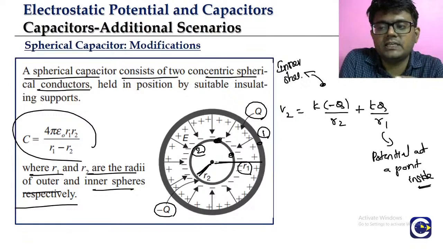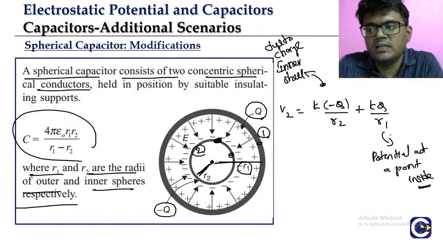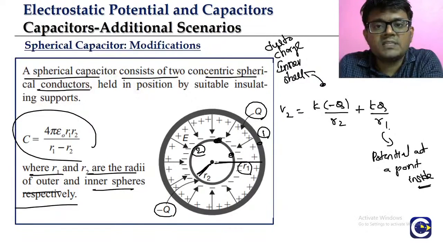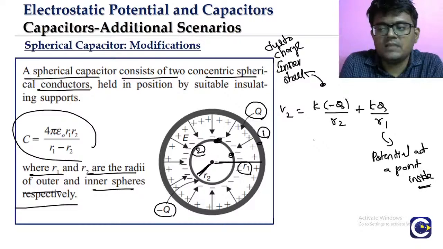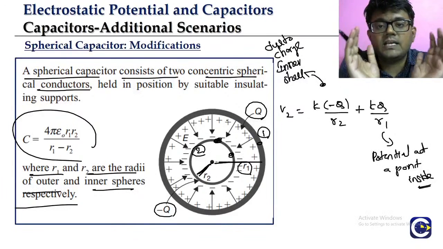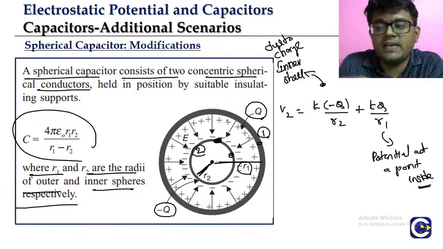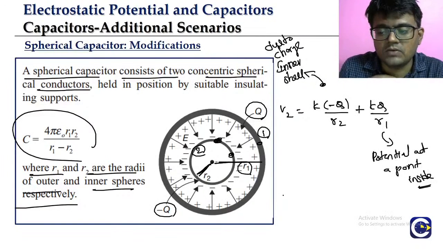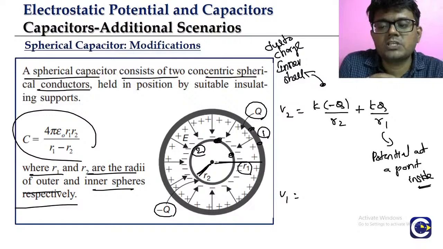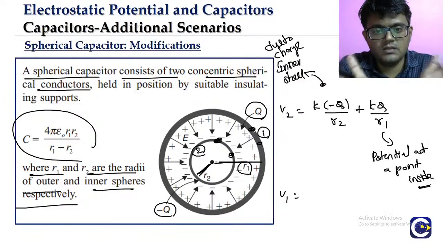This is the potential due to the charge on the inner shell, and this is the potential due to the outer shell's charge. The formula applies to a point inside the shell, because remember, for a shell the potential on the surface is equal to the potential at every point inside. So the value will be KQ by R1.